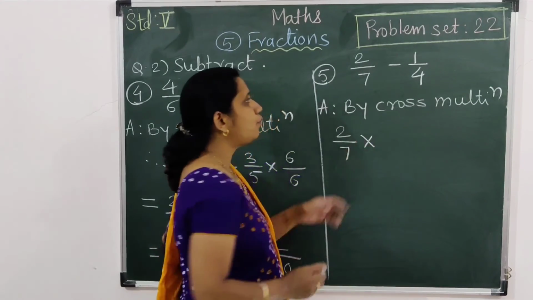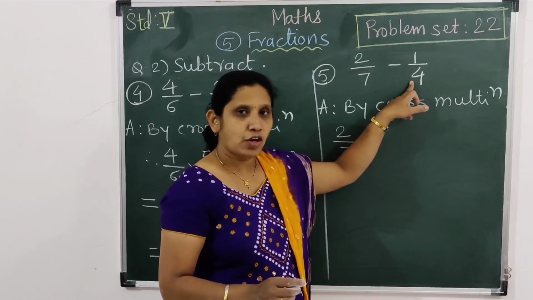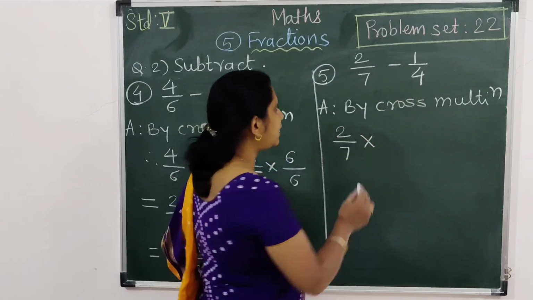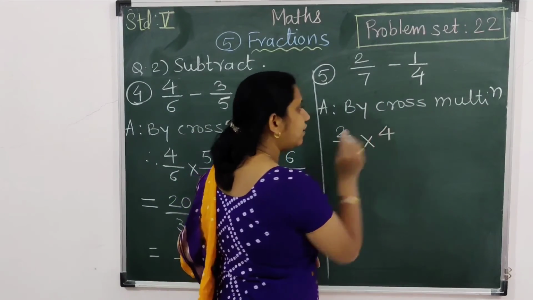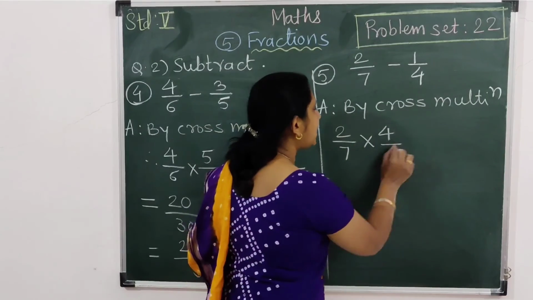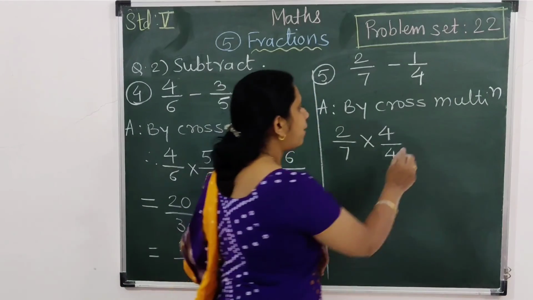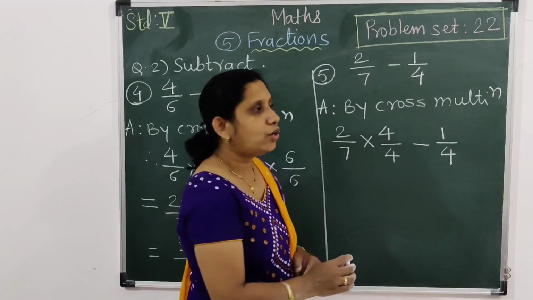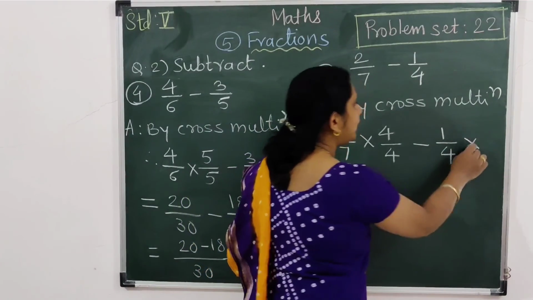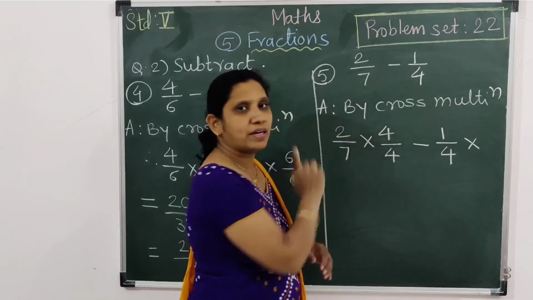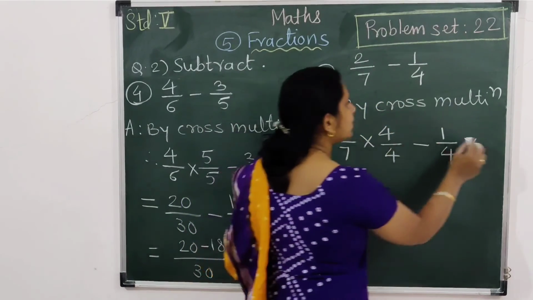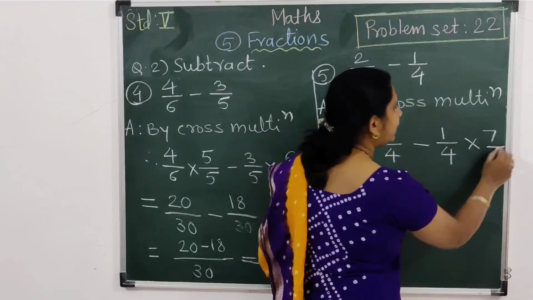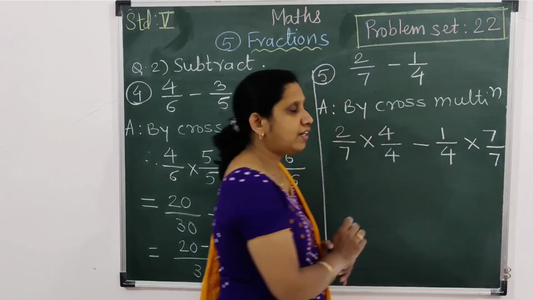To this, we have to multiply using the denominator of the second fraction, that is 4. So we'll multiply here in the numerator as well as in the denominator, minus the second fraction 1 upon 4. To this we are going to multiply using the denominator of the first fraction, that is 7. So we'll multiply here in the numerator as well as in the denominator.